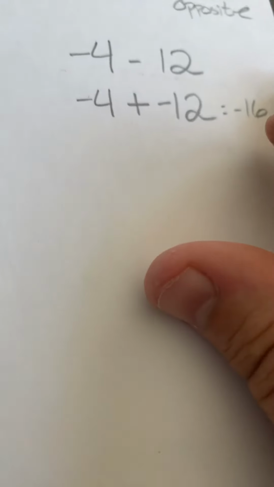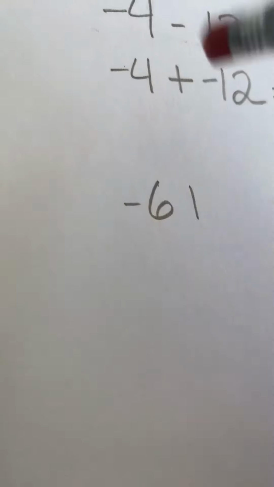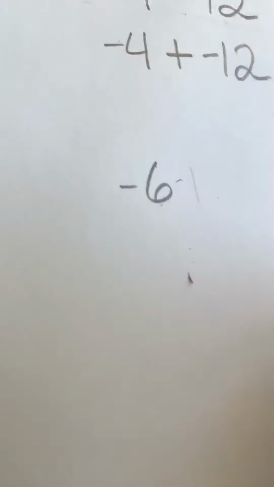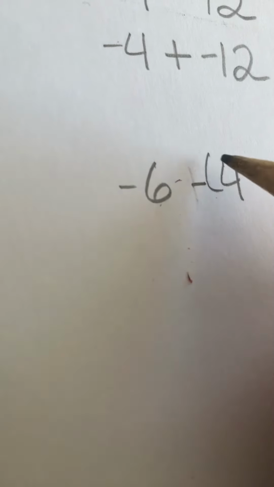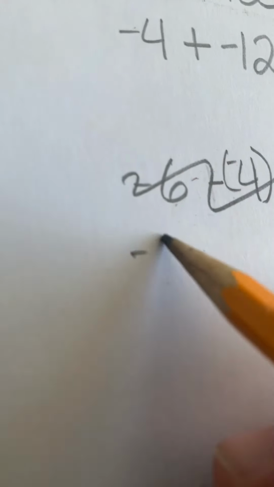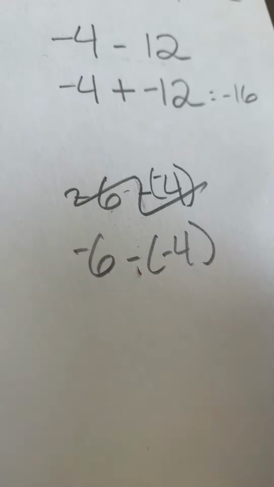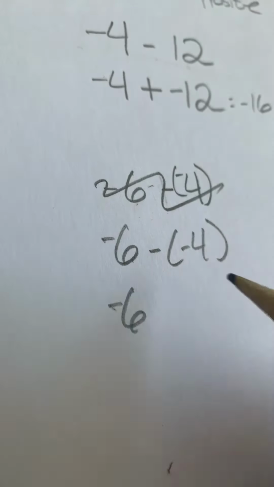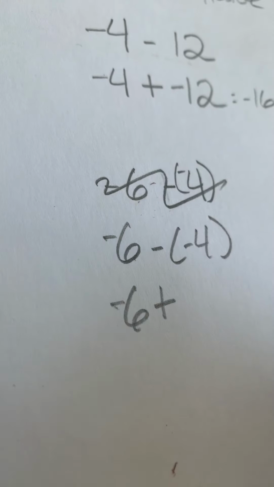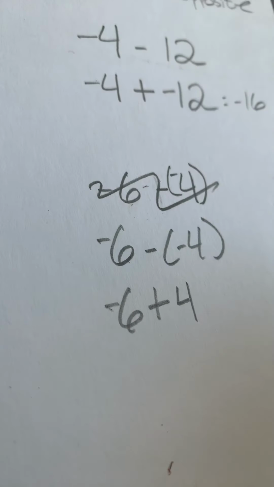Let's look at one more. If I do -6, and I'm trying to do subtraction, minus -4. So negative 6 minus negative 4. I'm going to keep the first integer, change subtraction to addition, and make negative 4 its opposite, which is positive 4.